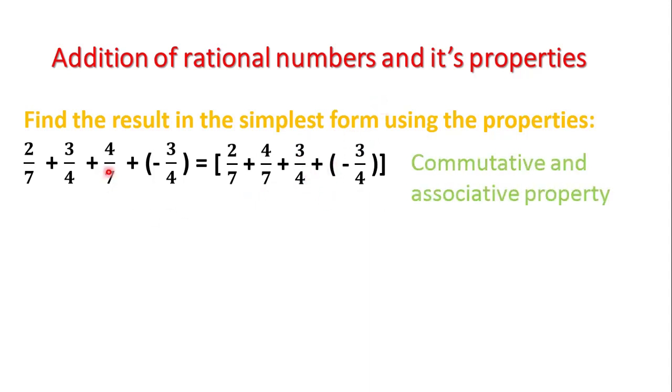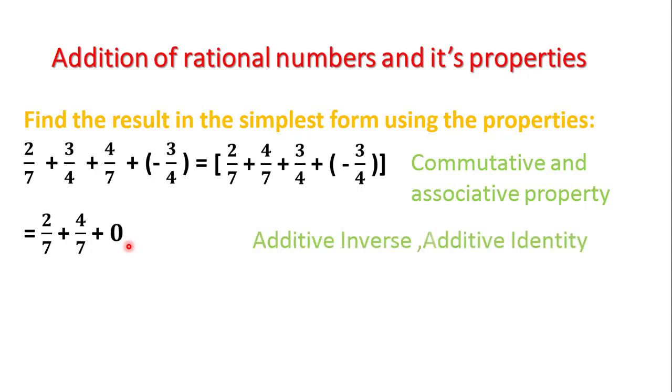Commutative because I change the place, and associative because I choose to add the third and fourth, then the first and second. Okay, so here 3 over 4 plus negative 3 over 4 is 0. So here I have additive inverse and additive identity. 2 over 7 plus 4 over 7 is 6 over 7. It belongs to Q, so closure.